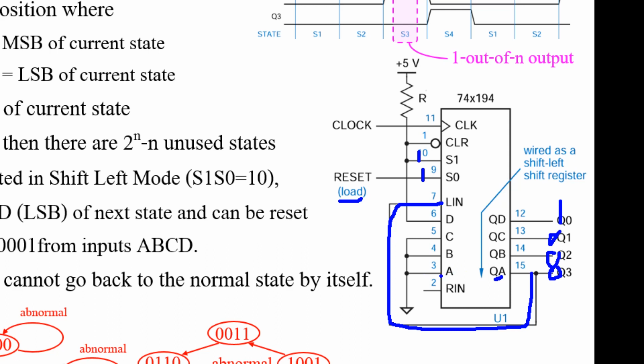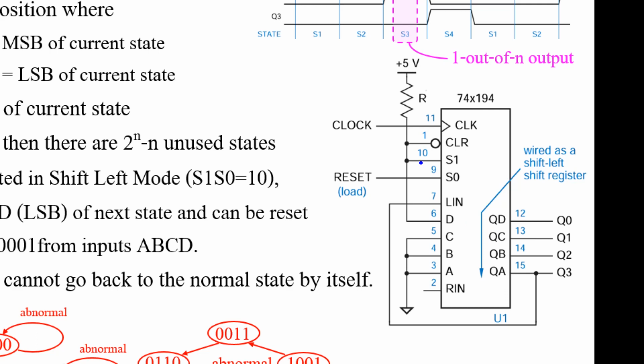So you must connect A, B, C to ground, right? 0. And connect D to 5 volts. So when reset is active, the circuit will read data from A, B, C, and D to update 0001 for QA to QD. Okay, that's all.